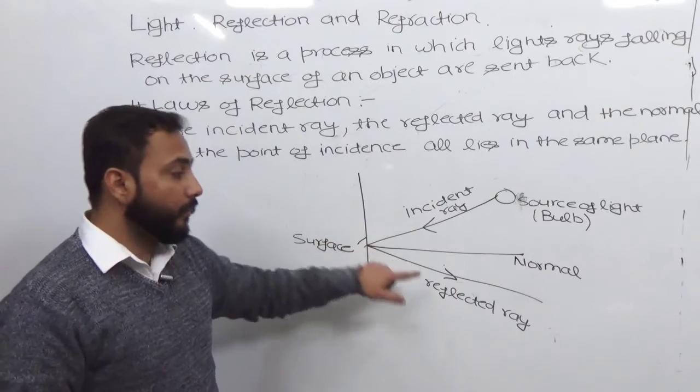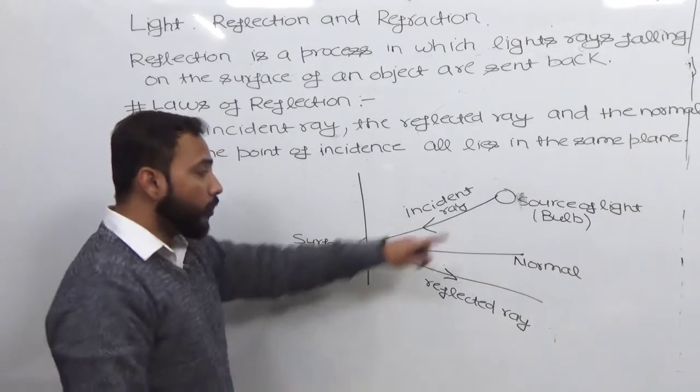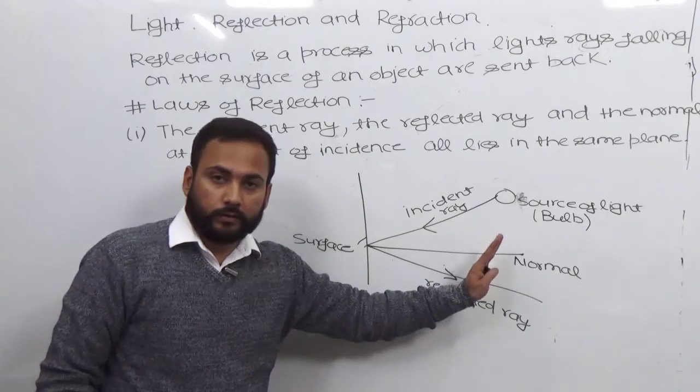Incident ray, reflected ray, and normal all lie in the same plane.